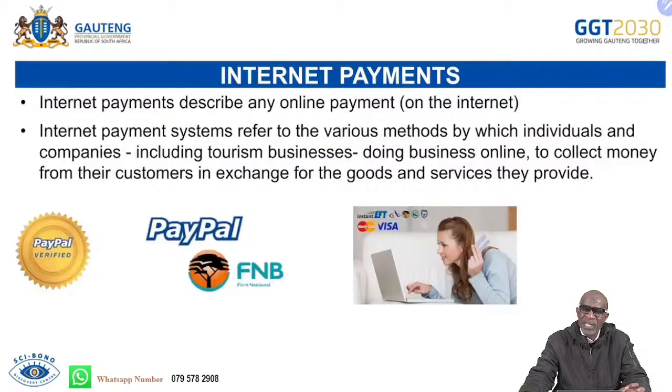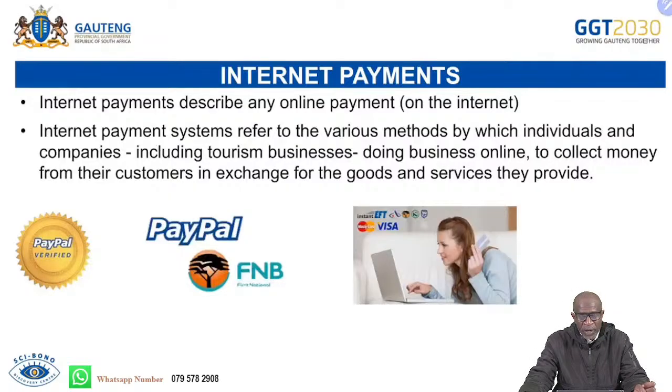This further explains this kind of payment and separates it from a normal EFT, because there are platforms that we can use to process an internet kind of payment. Internet payments describe any online payment. We have already dealt with one example.